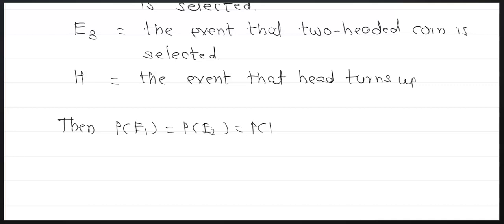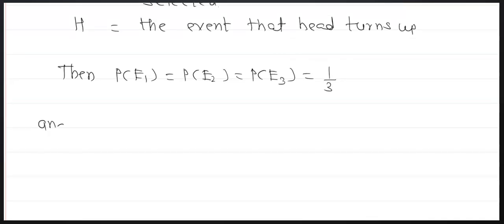Then probability of E1 is equal to probability of E2 is equal to probability of E3 is equal to 1 upon 3.